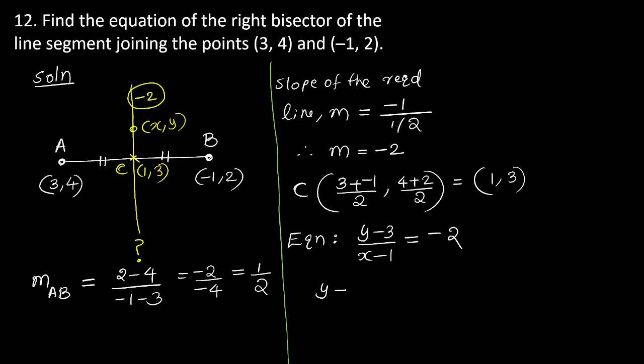Cross multiplication. Minus 2 into x is minus 2x. Minus 2 into minus 1 is plus 2. On rearrangement, you will get 2x plus y minus 5 equal to 0.